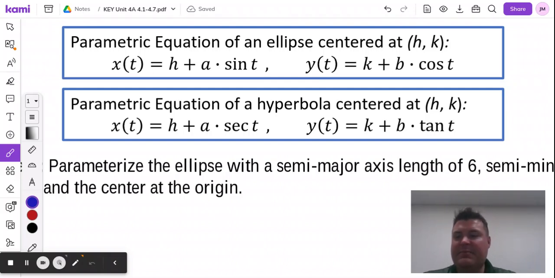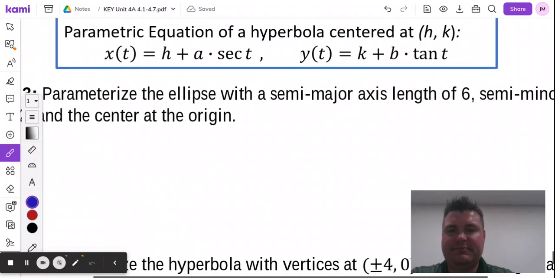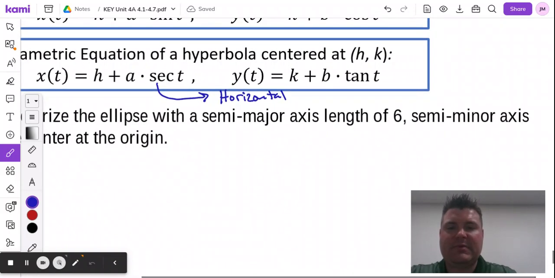And then for the hyperbola, they only give you the horizontal equation. So this is horizontal. Okay, both of these are horizontal.